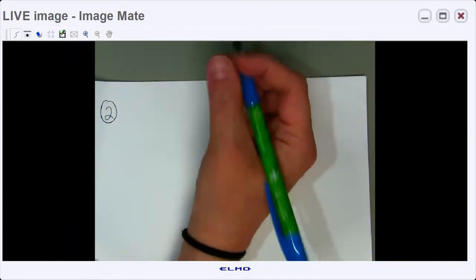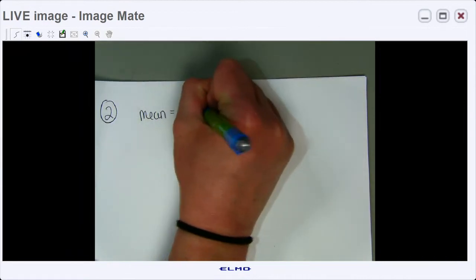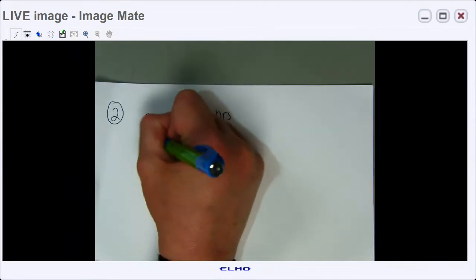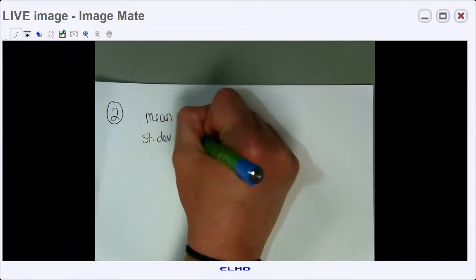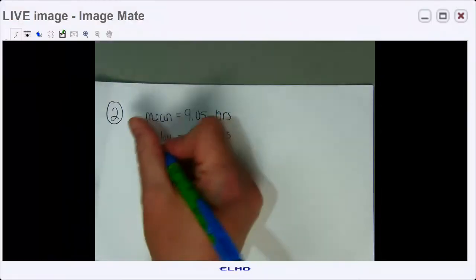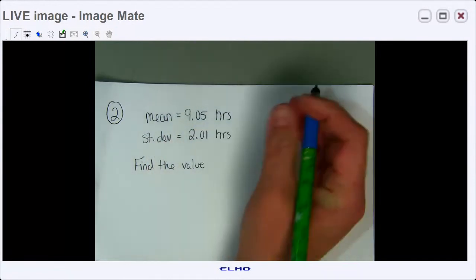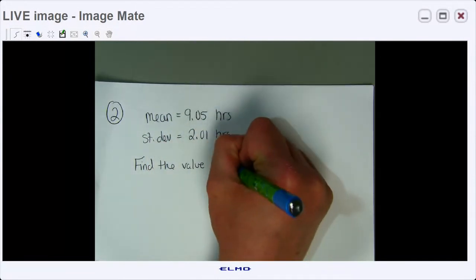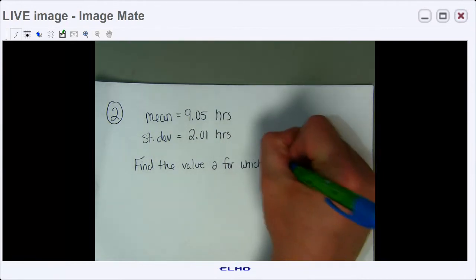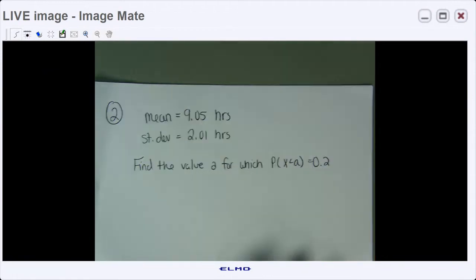In my number 2, it says that my mean is 9.05 hours, and my standard deviation is 2.01 hours. Then part C says find the value A for which the probability that X is less than A is 0.2.